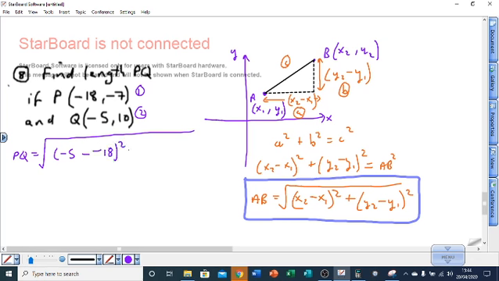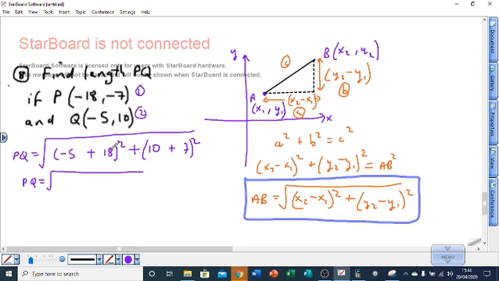I've got to square it plus y2. y2 is the second coordinate, and this is the number there, 10, the y ordinate. Take away y1 is my minus, coordinate 1, and the y ordinate is minus 7. So I've got to square the answer, and I end up with PQ is equal to the square root of, and don't forget, double negative can be replaced with a positive, and there's also a double negative here replaced with a positive.